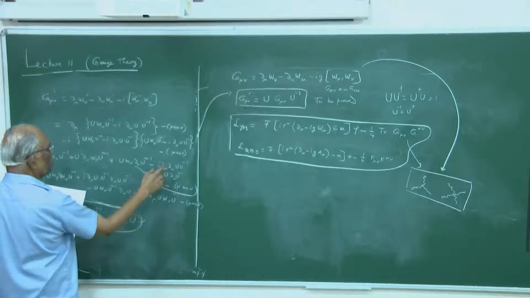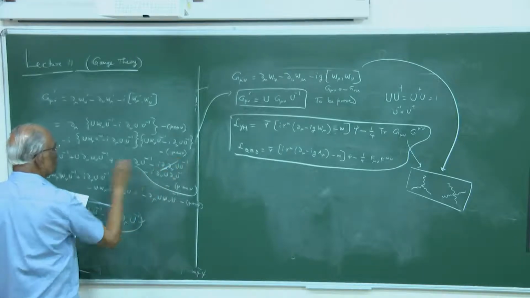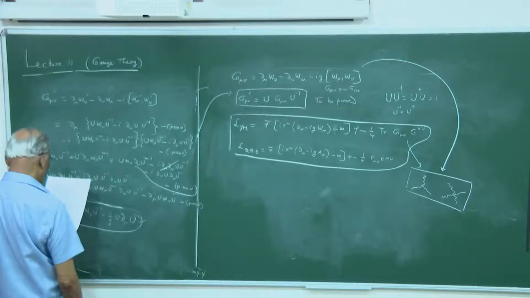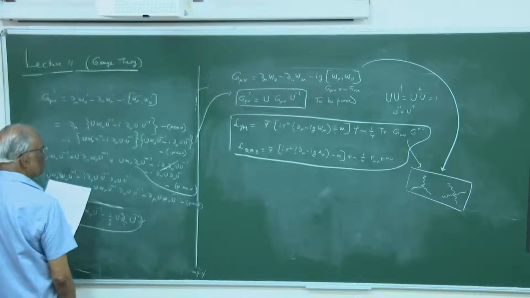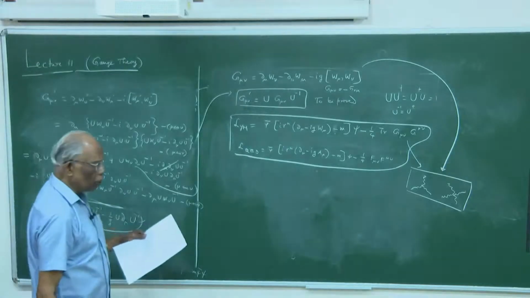And that will be negative of this because of this minus sign, and so they cancel. So I can straight away remove this because of the antisymmetry in mu nu. Okay, let us now go to the next page.